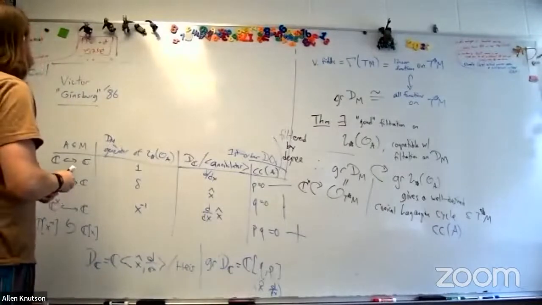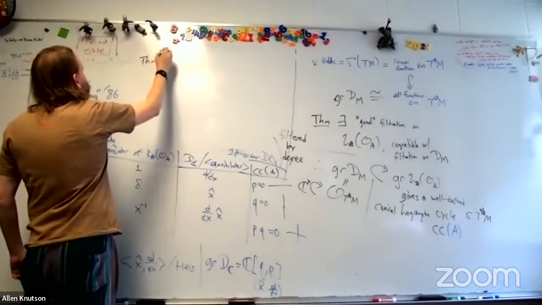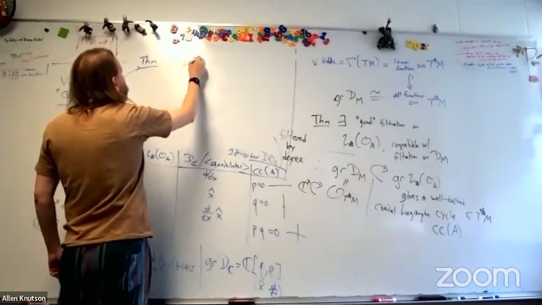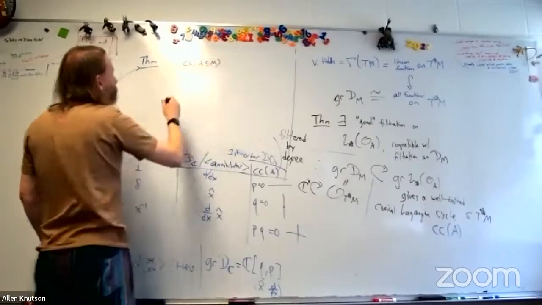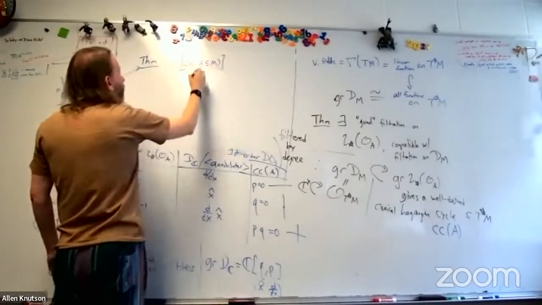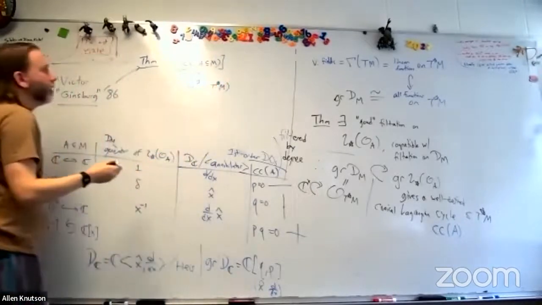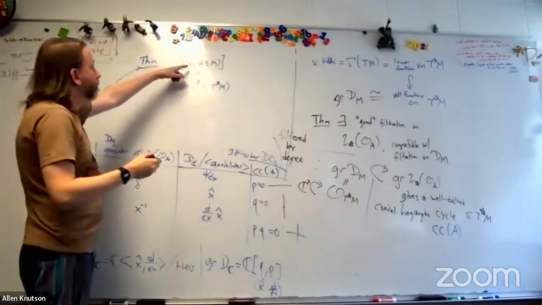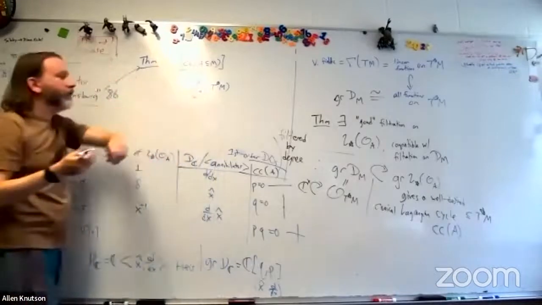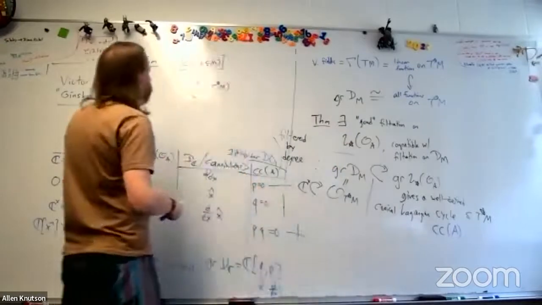What Viktor Ginzburg observes is, so his theorem is that if you take the characteristic cycle of A living inside M and you consider that thing as an element in the cohomology of the cotangent bundle, but you should do better than that because actually it lives inside the dilation equivariant cohomology of the cotangent bundle, because it was a conical Lagrangian.